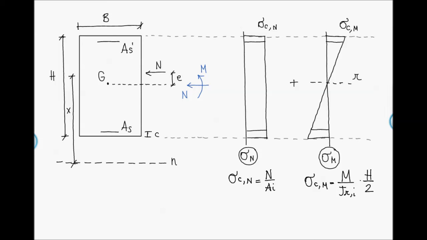And in this case, R has a distance from the superior fiber of the cross-section equal to H over 2. And this is the way in which we can compute sigma Cm.